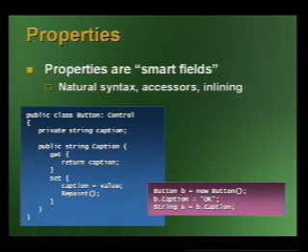If you look at here, I have a little example of a button which inherits from a base class called control, and then it declares an internal private variable called caption, lowercase caption here. And then we have a property called caption, uppercase caption, and it looks just like a field declaration, except I follow it with an open curly, and then I specify the code to execute to get the value of the property and to set the value of the property.